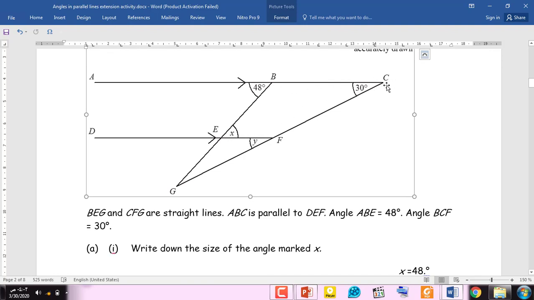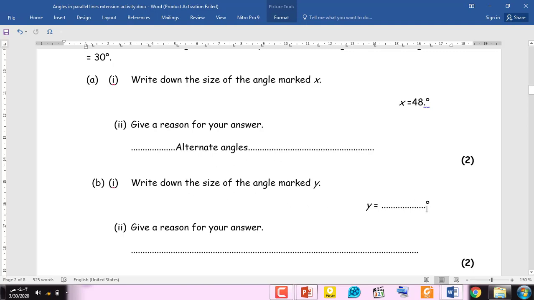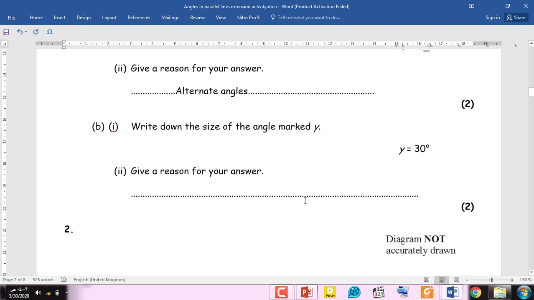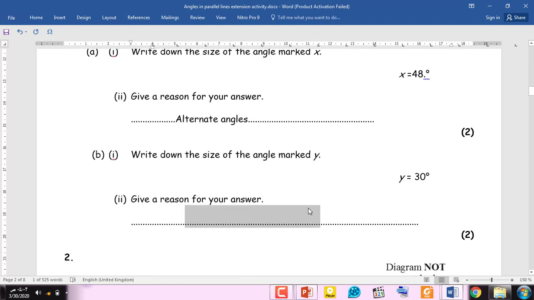I can draw F shape here, but it is not a normal F shape. It is actually the opposite, and to the left side, not to the right side. So the value of y is actually 30 degrees. Why is this? Because these two angles are corresponding.